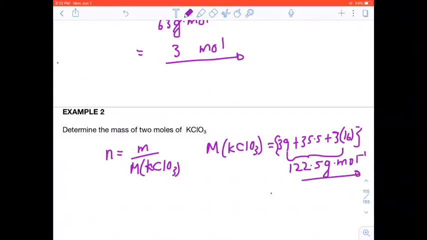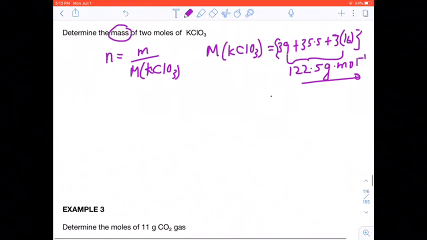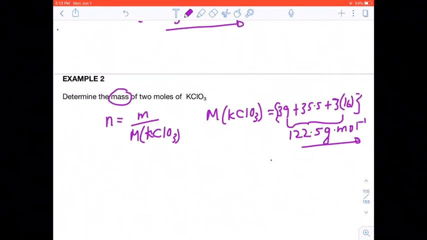It says calculate the mass. N is equal to mass upon molar mass, but we want mass. So mass is equal to N times the molar mass of KClO3. How many moles are we talking of? 2 moles.